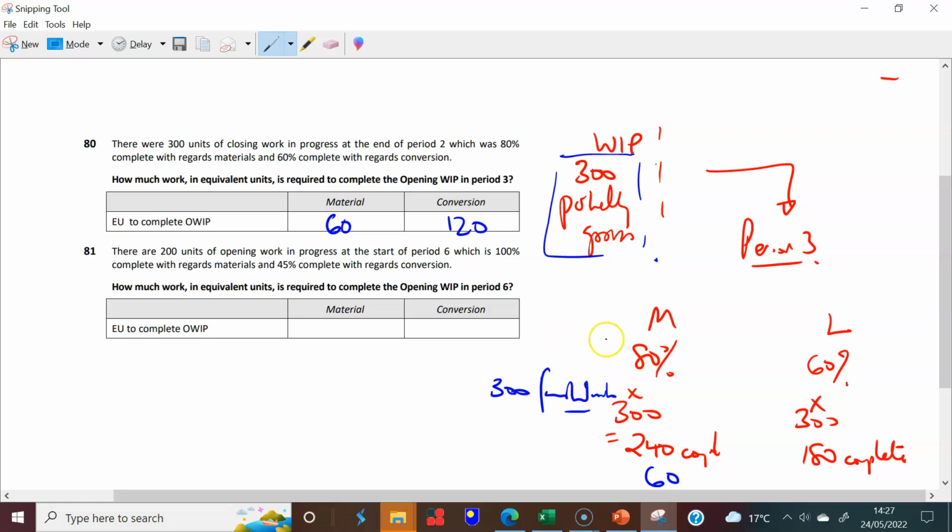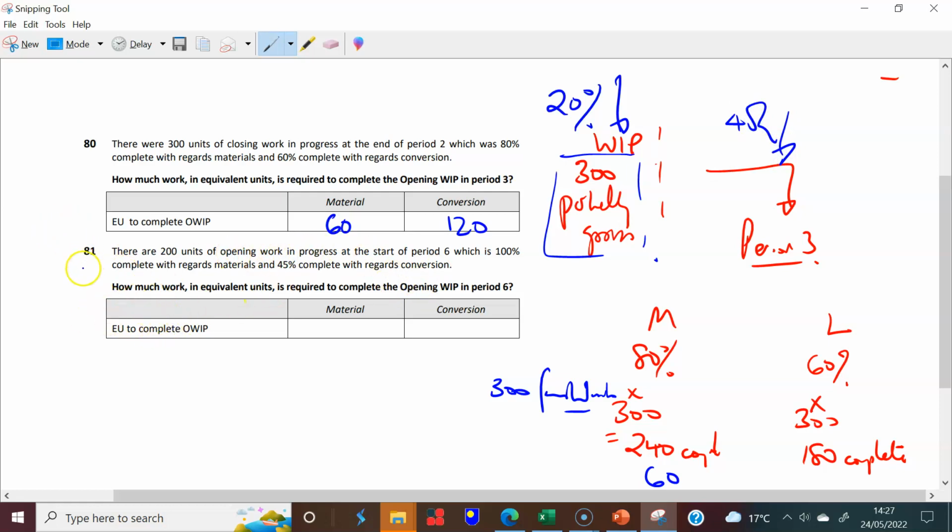So obviously you'll need more work on labor than you will on material, because material was 80% complete. I suppose the other way of looking at it is saying, well, what is 20% of this, and what is 40% of this? In effect, it's the same question, isn't it? And we do exactly the same thing here.